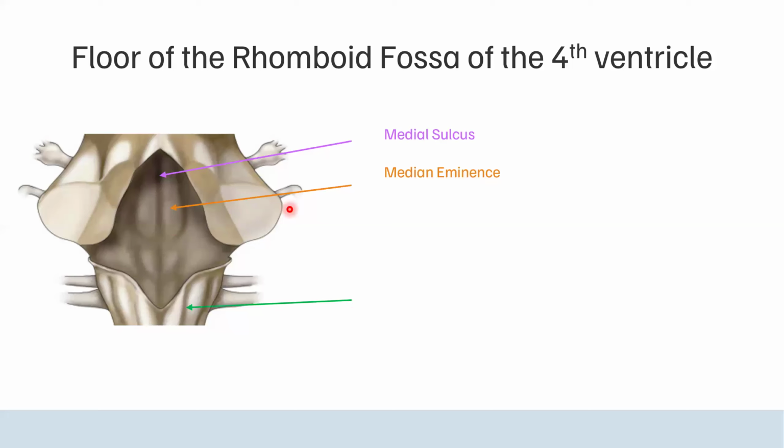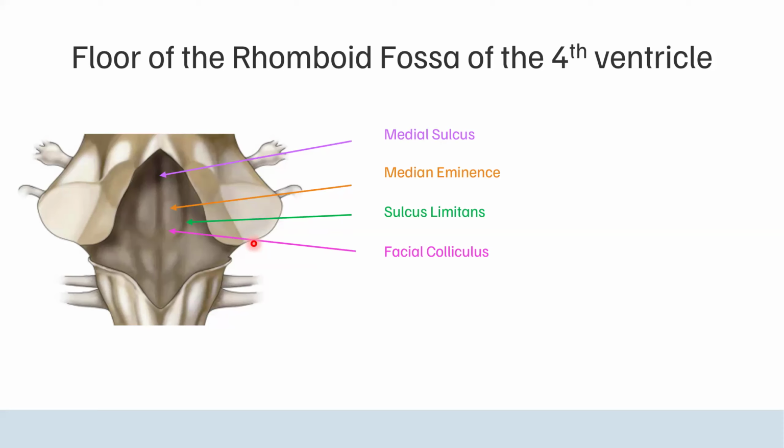Now, the bottom of the median eminence here and the edge of the median eminence are both also significant. We have the medial sulcus medially, and then laterally it's going to have the sulcus limitans because it is limiting how far it can actually go. The terminal portion of this median eminence is going to be something called the facial colliculus.